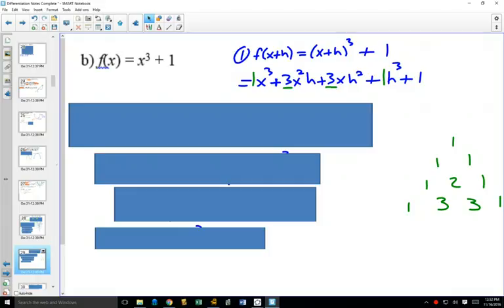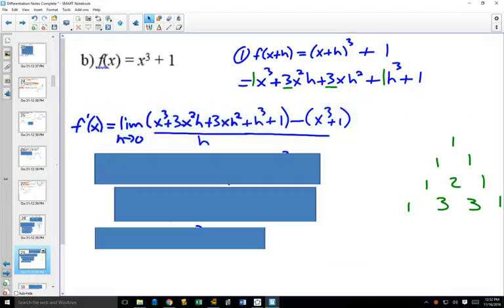Once you've expanded the x plus h, plug it into your formula. And you hope that things cancel out so you can factor out an h. What if they don't? Then you have to develop more strategies.